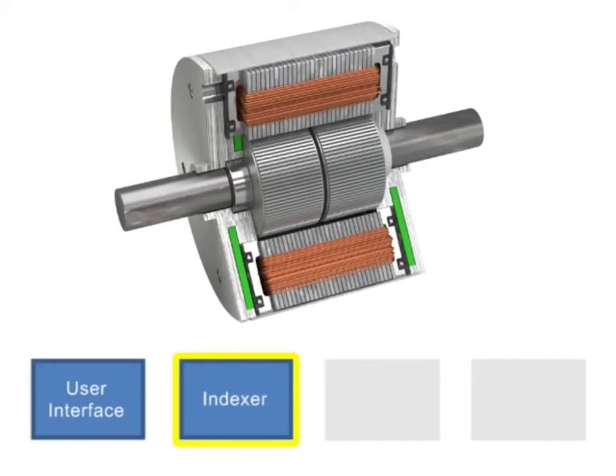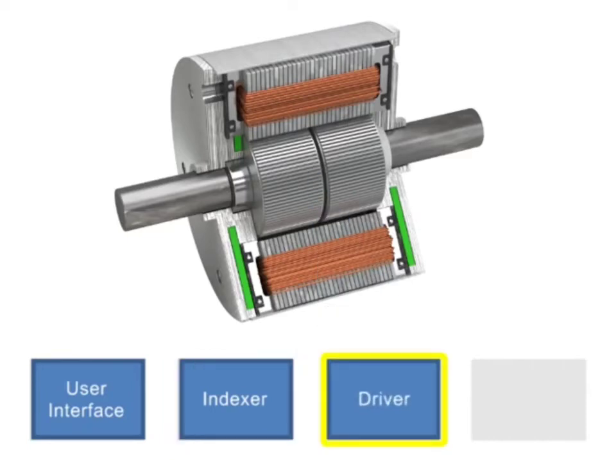The next one is the indexer. The indexer converts the data input from the user interface into motion signals that define the position and speed the motor will turn to. Now the driver. What is the function of the driver? The driver takes the data from the indexer and provides current pulses to the motor. The number of motor turns equals the number of pulses.